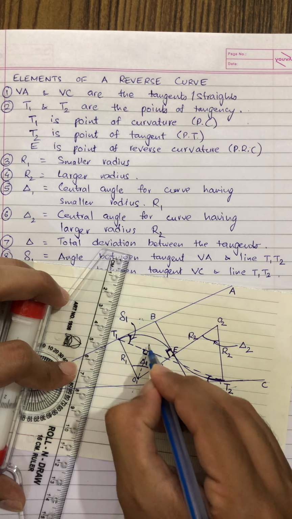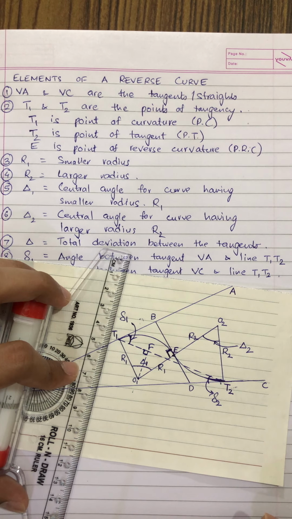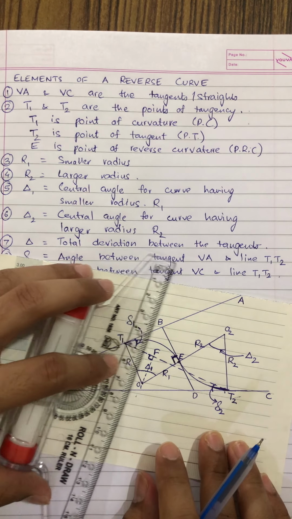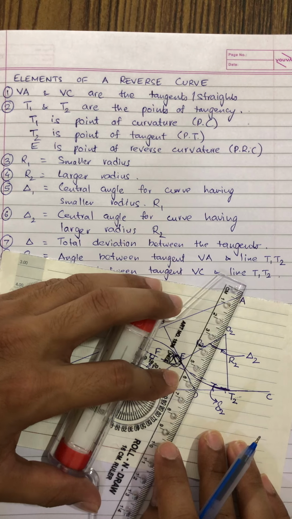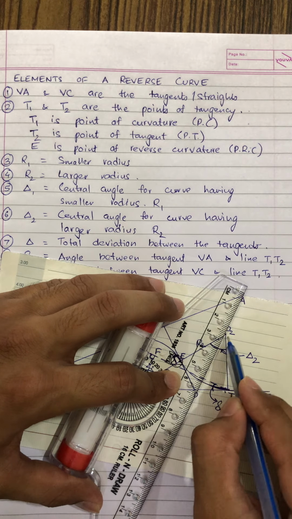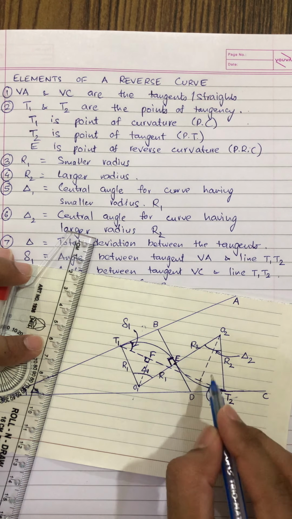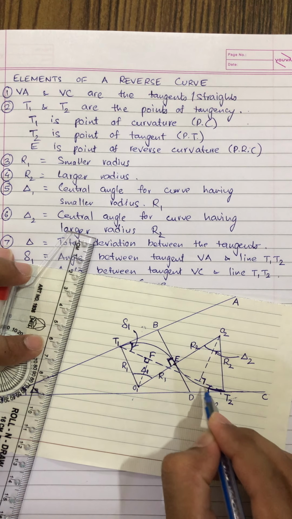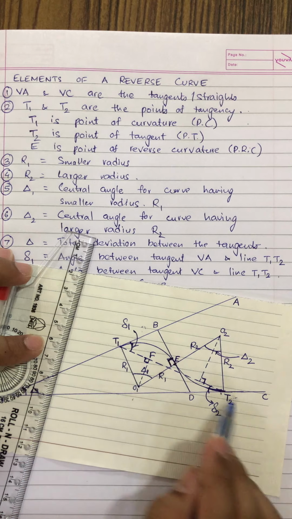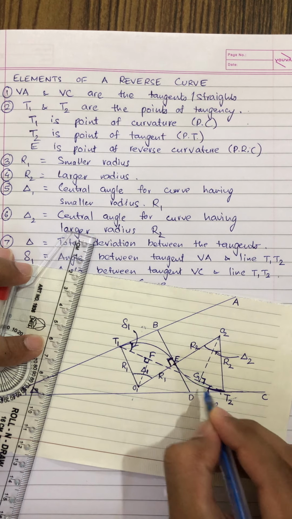Let us call this point F. Similarly, let us drop another perpendicular from this point O2 on this line T1, T2. Let us call this point G.